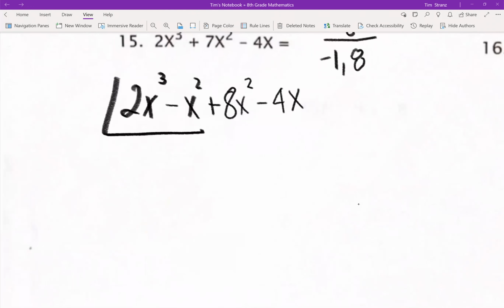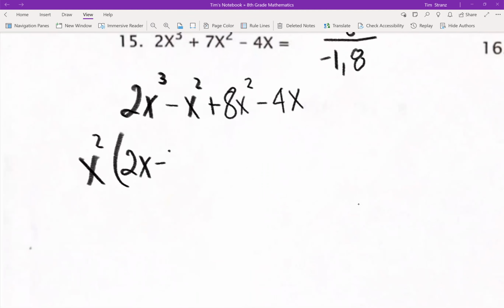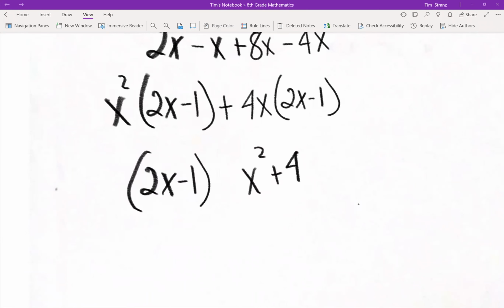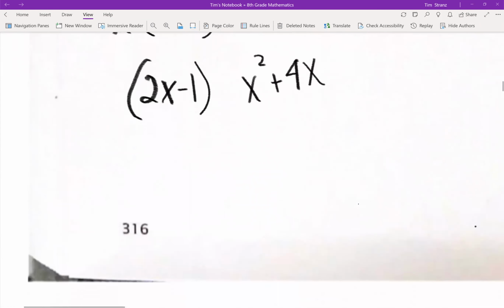I'm just going to factor this first group here. I can take out the x squared, and that would leave me with 2x minus 1. I'm going to factor out the second group now. I can take out the 4x, and that would also leave me with 2x minus 1, which is good. That's, again, what you want to see. So we have a factor of 2x minus 1, so I can pull that out. What we have left is x squared plus 4x, and I can break that down.